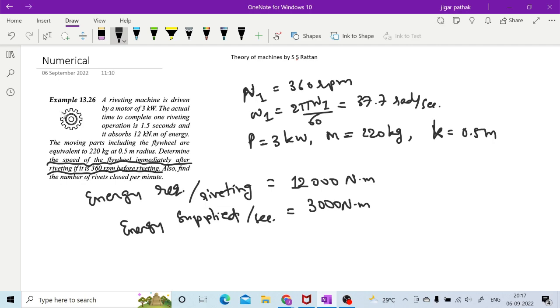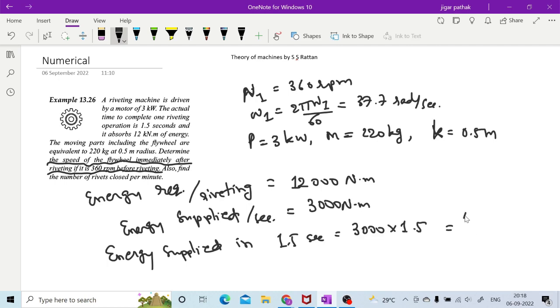Now the energy supplied in 1.5 seconds, because that is the operation, is 3000 into 1.5, which is equal to 4500 Newton meter, right?